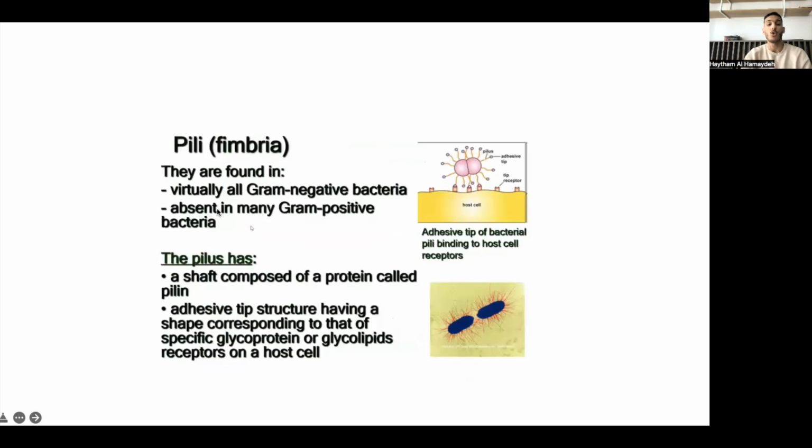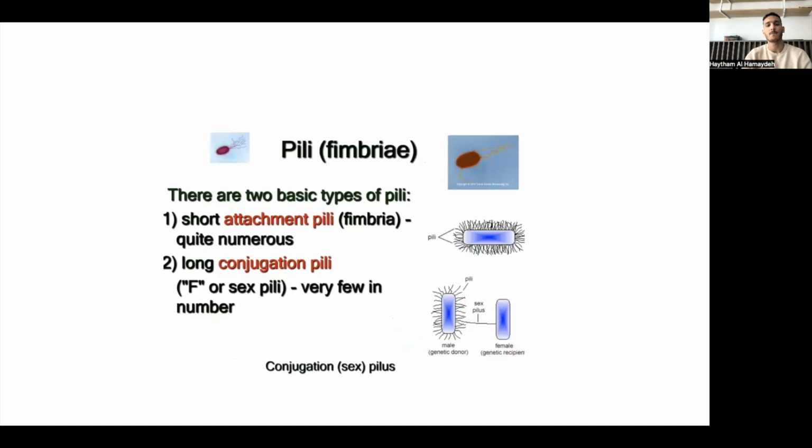they're found on all gram-negatives, absent in many gram-positives. Remember that. The pilus has a shaft composed of a protein called pilin. So pilin makes up the pili. It's an adhesive structure which helps in the attachment of the bacterium to different surfaces. The pili can be of different forms, either for attachment or for conjugation.